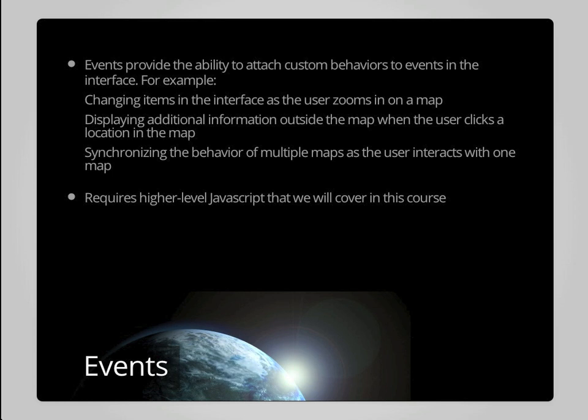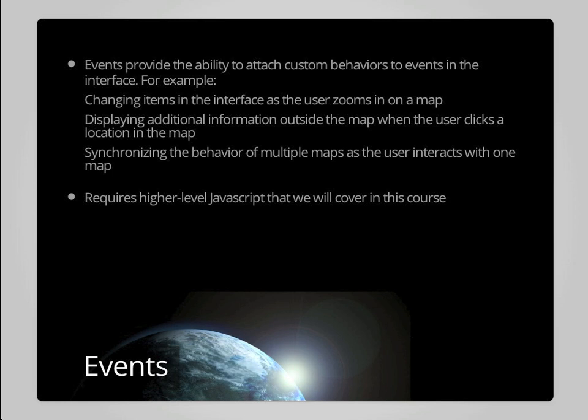And you can use events to do that, to essentially create the connection between different document objects in your web page to each other. You could also potentially use events to synchronize multiple maps that might be controlled by a single master map.